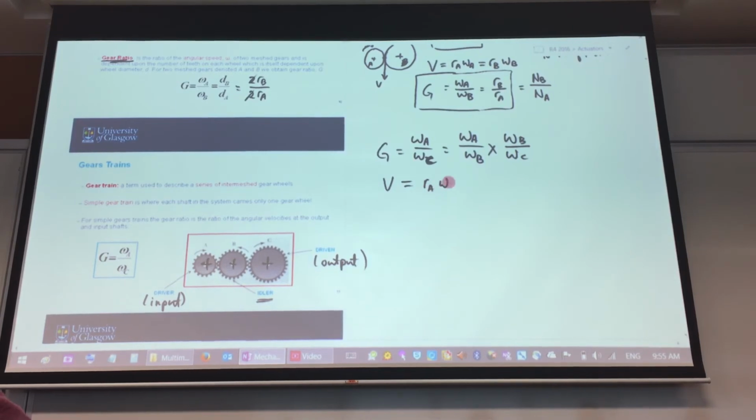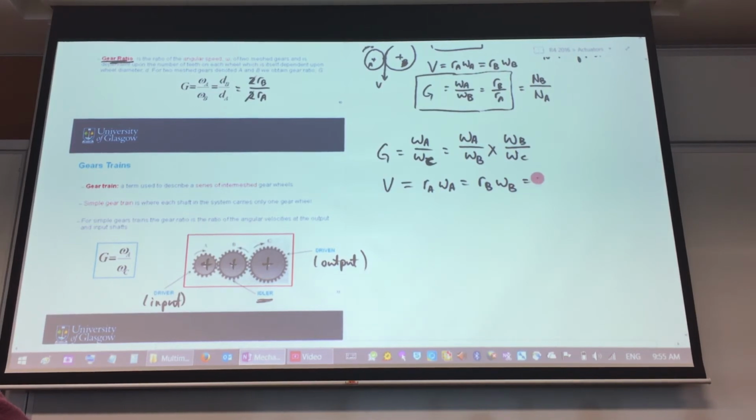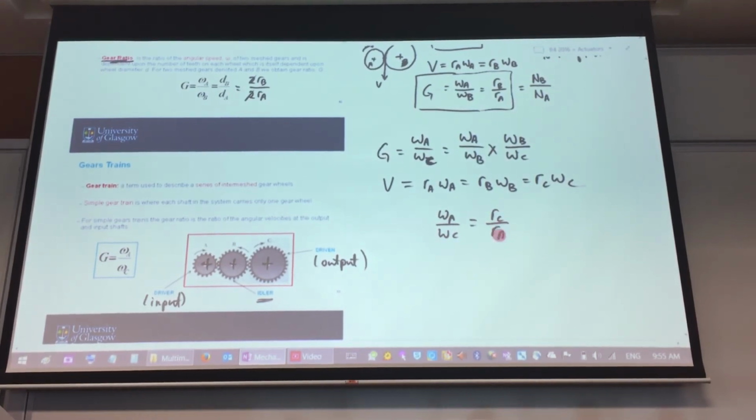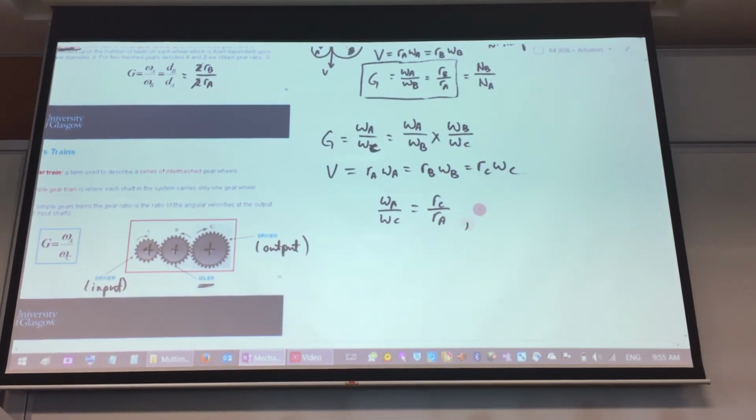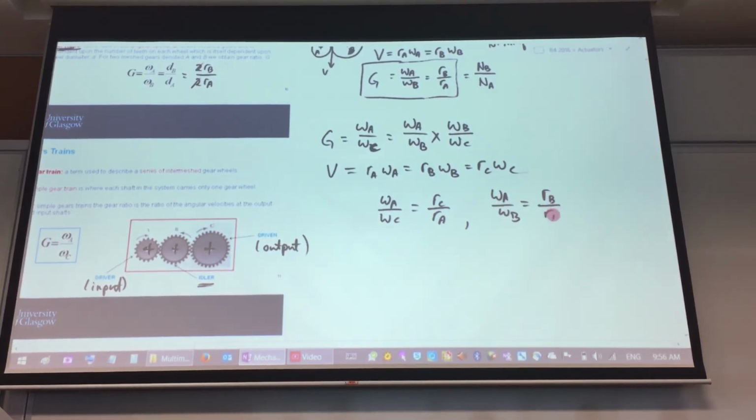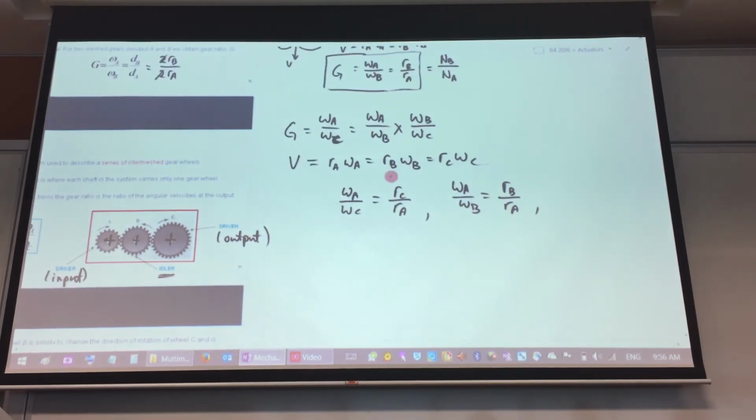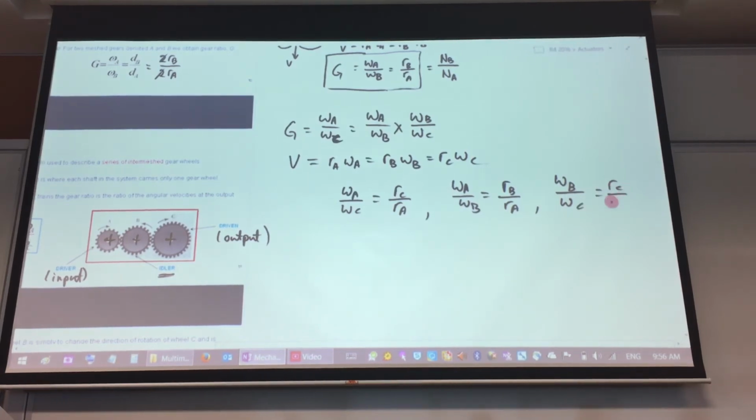R A omega A must be equal to R B omega B, which must be equal to R C omega C. So I can take between A and C and get this ratio: omega A over omega C equals R C over R A. And I'll also establish between A and B. That will give me omega A over omega B equal to R B over R A. And then between B and C, omega B over omega C equals R C over R B.